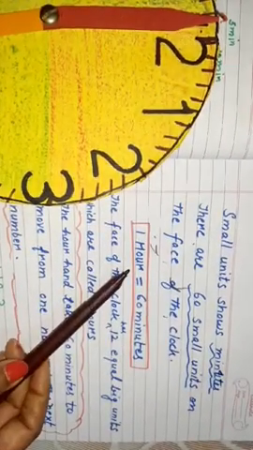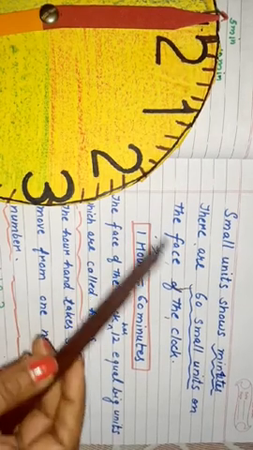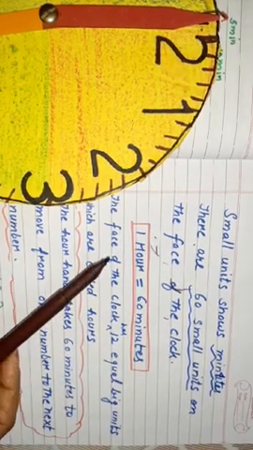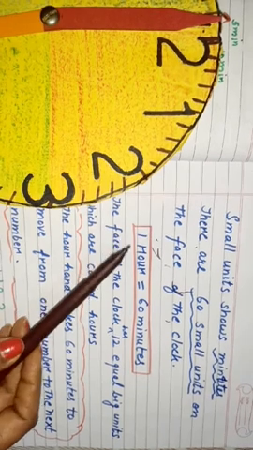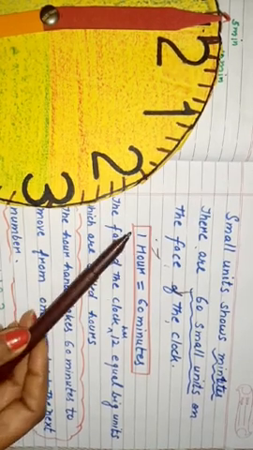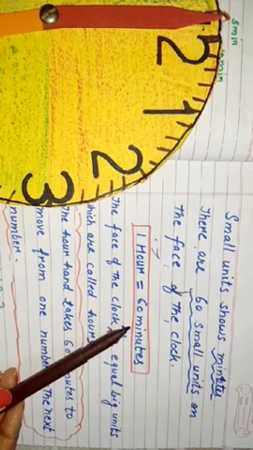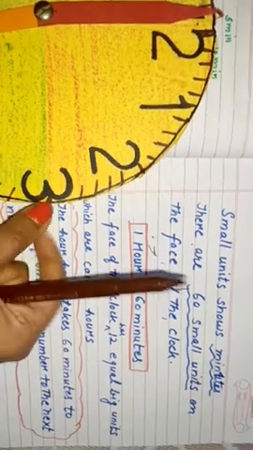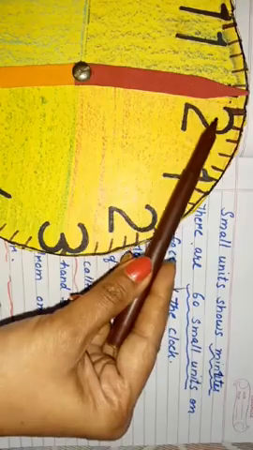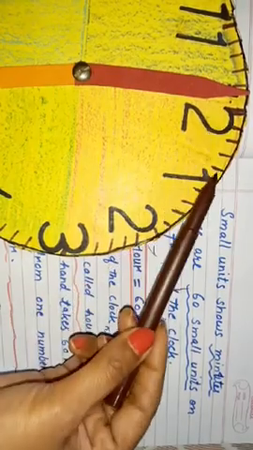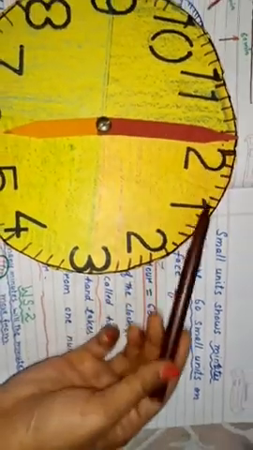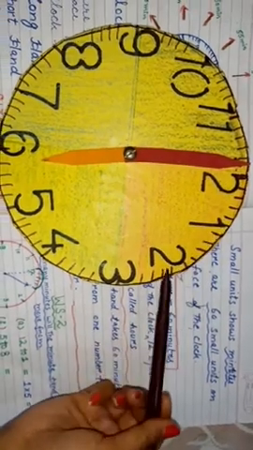When the minute hand covers one full, complete round of the face of the clock, it is 1 hour. So in 1 hour we have 60 minutes. Now these bigger units, 1, 2, these are your bigger units, and we call them hours.